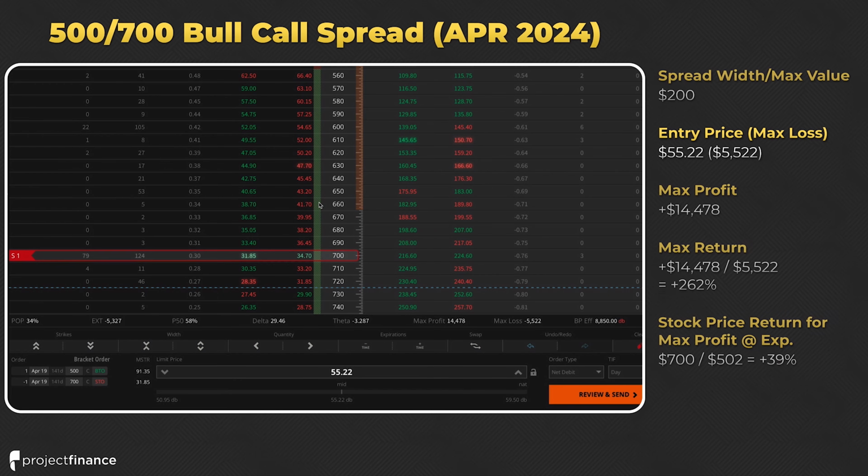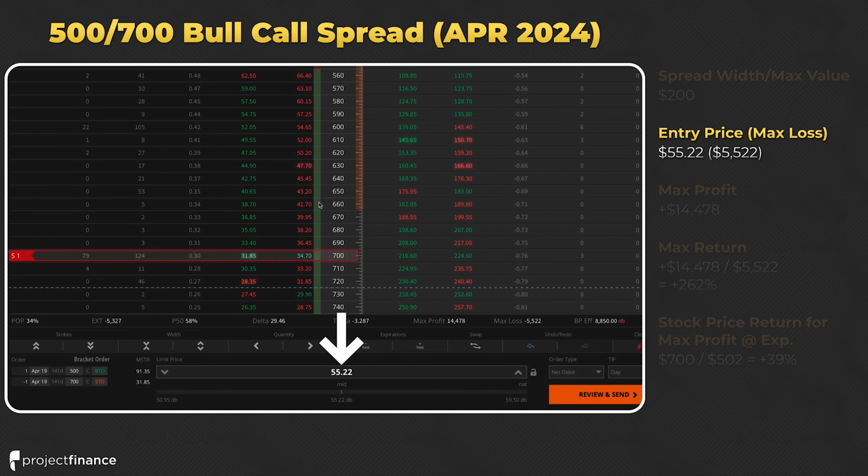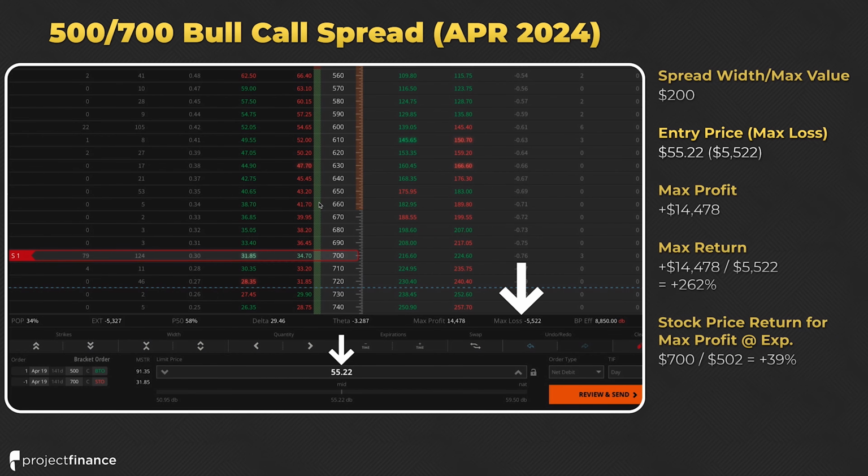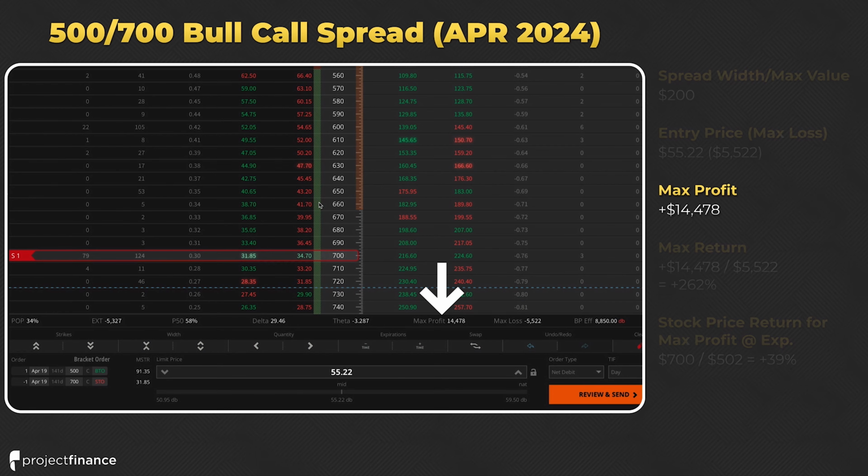The entry price of this spread was $55.22, meaning that the maximum loss potential of this position was $5,522. However, the maximum profit was nearly 3 times that at $14,478. That's because these strike prices are 200 points wide, and that means that at expiration, the maximum potential value of this spread is $200.